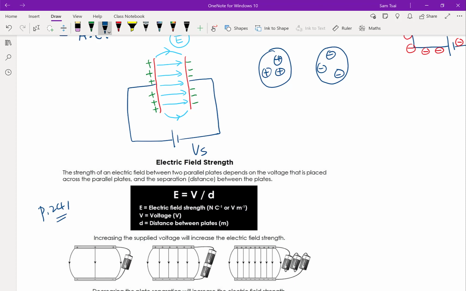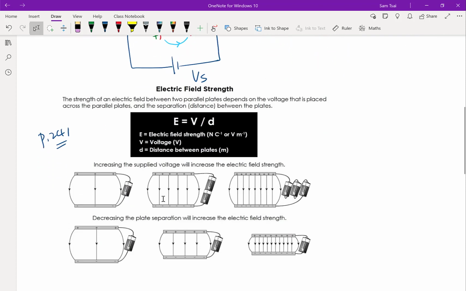If you still have your SciPad, you can go have a look. So for the battery, if we increase the voltage, we increase the electric field, am I right? So what does that mean? That means the electric field between the two plates is proportional to the voltage we apply on it.